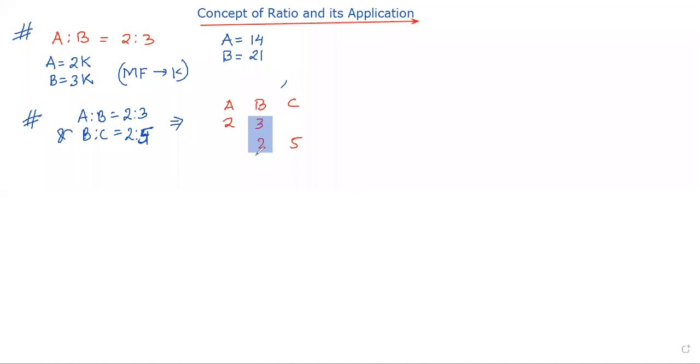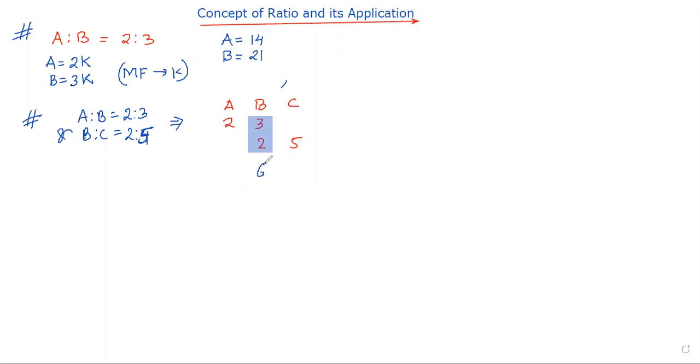My main target is to make it the same. If in the first line, wherever I have the A and B ratio, I multiply both values by any number, this ratio remains the same. So looking at the two values of B, I can make both of them the same. It should be the LCM of them.